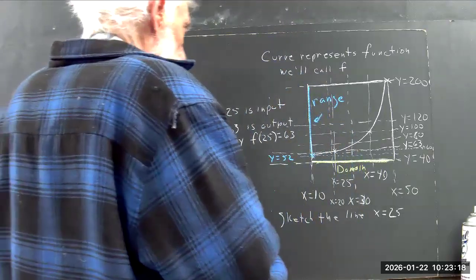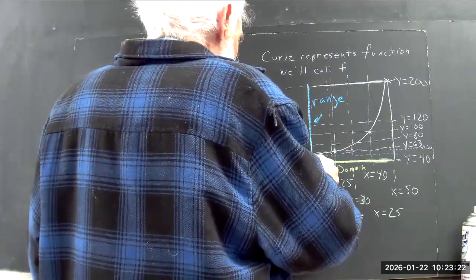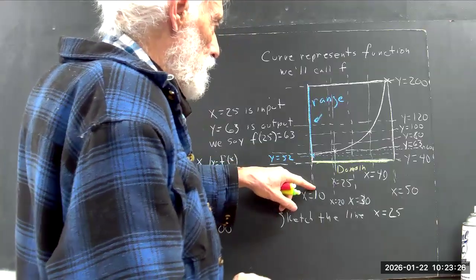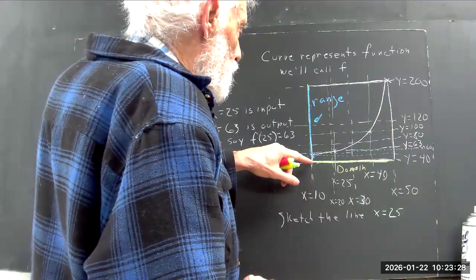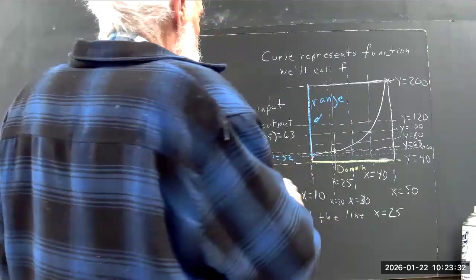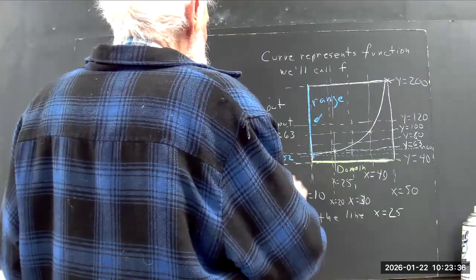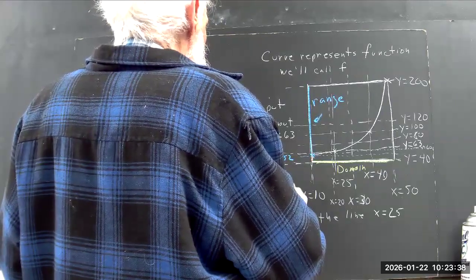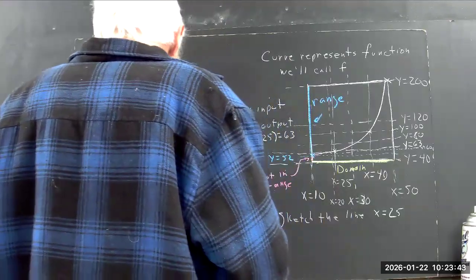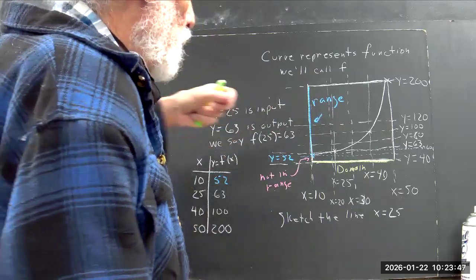In this interval down here, that we don't normally label, I'm going to draw a little segment along the x equals 10 line from the lower edge up to the lowest point. And I'm going to say that's not in the range. Okay, so now how do we notate that?